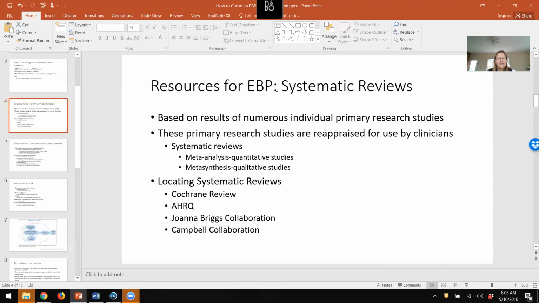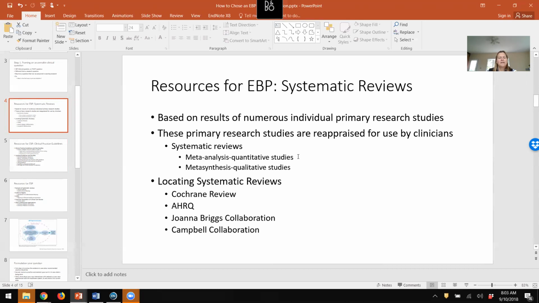So there have been so many systematic reviews done on different topics that sometimes they'll even take multiple systematic reviews and compare the results of those, and those are called meta-syntheses.